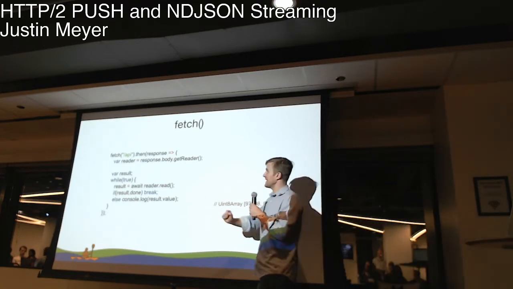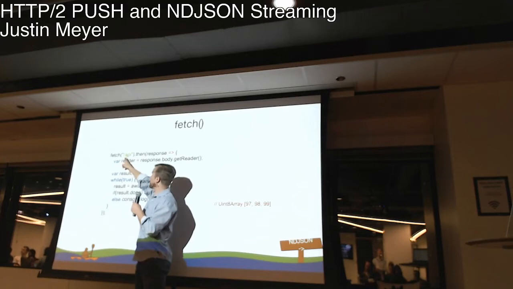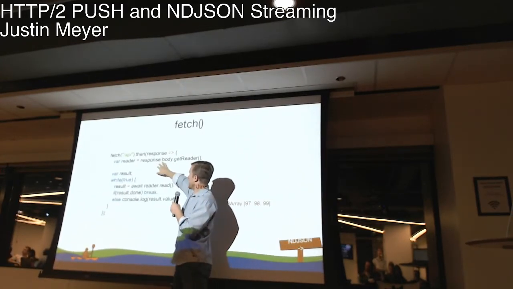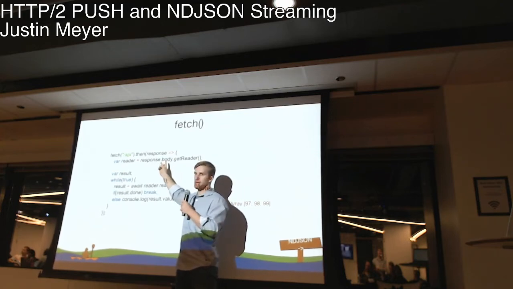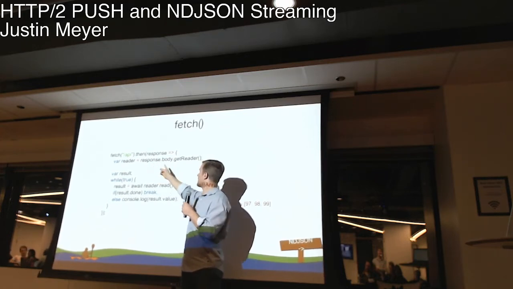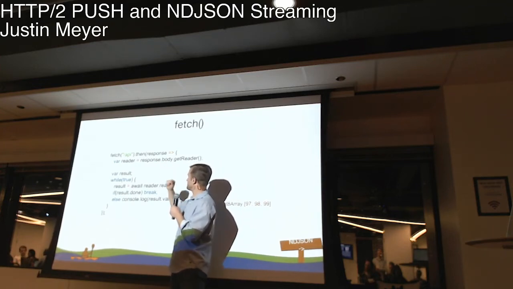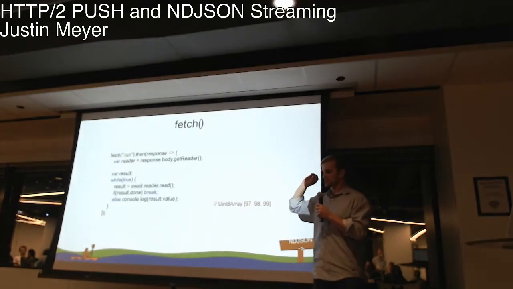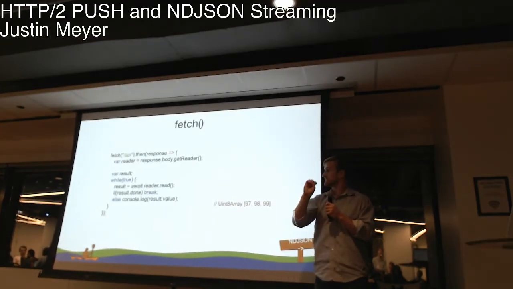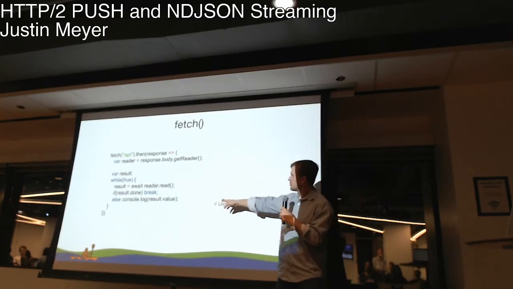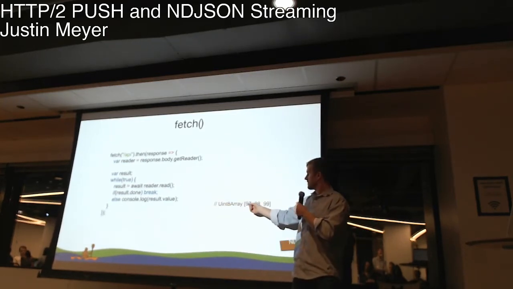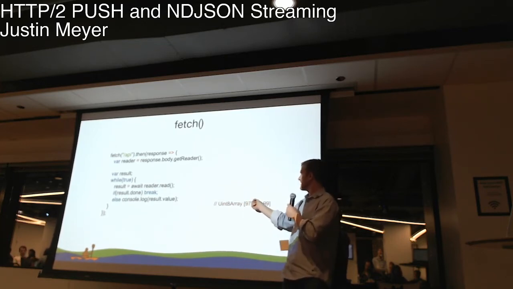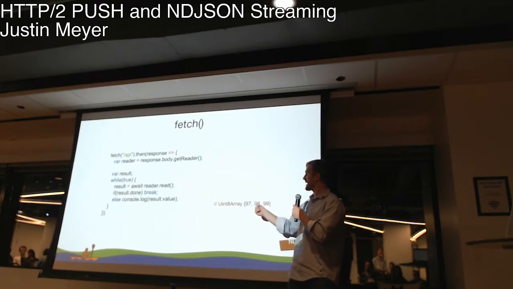The new fetch API, so this is making a request to /api. The response body is a readable stream. Essentially, if you read that, and let's say the server is just producing the string ABC, if your server was slow enough, you might console log an array of 97, then an array of 98, then an array of 99.